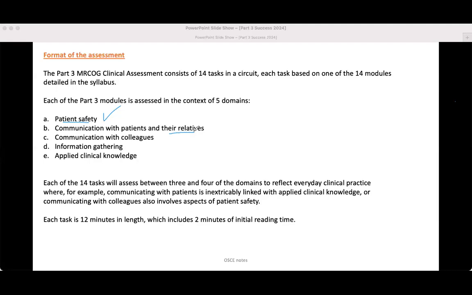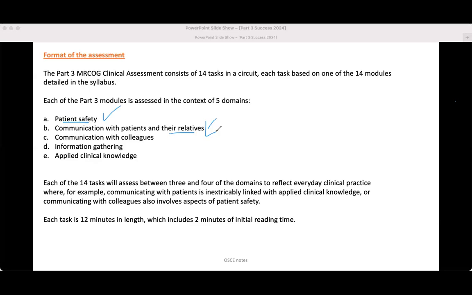okay, is a very important module. Some people from overseas who have never practiced in the UK have a problem applying the principles of communication with patients based on UK practice and the GMC advice. So communication with patients and their relatives will be discussed in detail by Dr. Amr Muhammad, our mentor, who will cover this part.